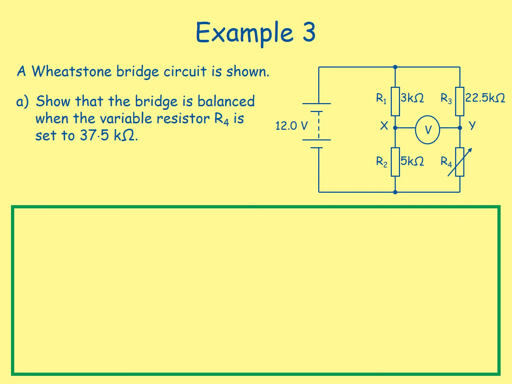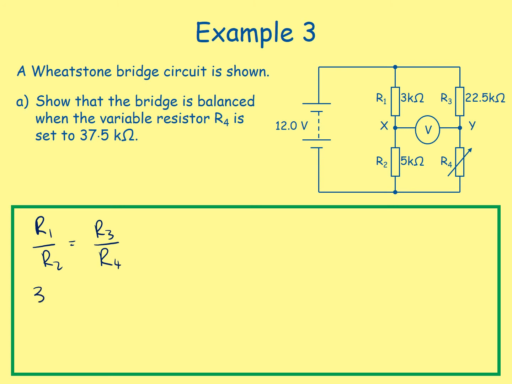Show that the bridge is balanced when the variable resistor R4 is set to 37.5 kiloohms. We can show that this bridge is balanced by using our equation. R1 over R2 equals R3 over R4. R4 should end up at 37.5 kiloohms, but we won't put this into the equation straight away. Let's use our other numbers and see if R4 turns out to this number.